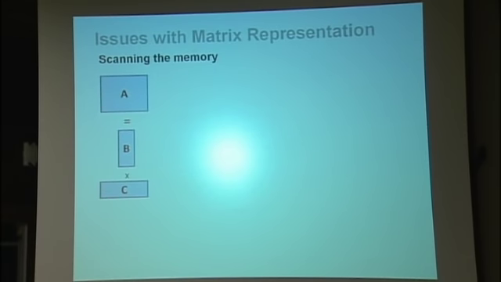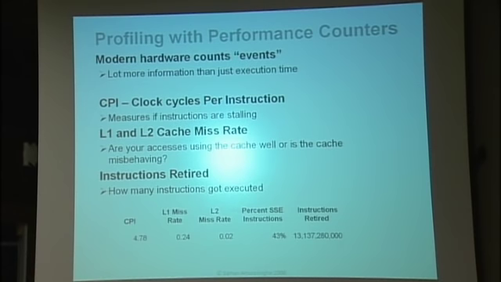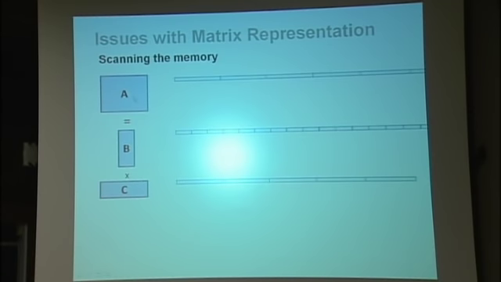One thing I can look at is that this cache miss rate seems to be pretty darn high. What might be happening here? If you look at matrix multiply, I have matrix A in here and matrix B. To calculate this value in the matrix, I'm going to go through this row in here, and I'm going through a column in here. The problem with the column is it's all over the cache.